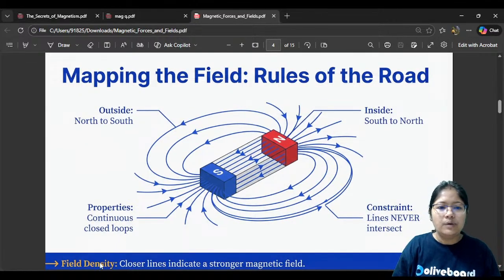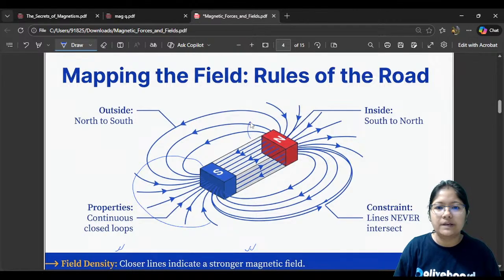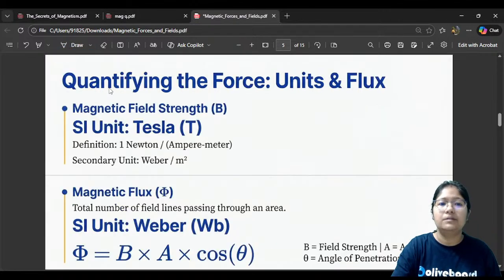Okay, so this we can term as the field density. What do you mean by field density? It means that where the lines are closer, if you observe, there will be a strong magnetic field. Here there will be a strong magnetic field, and in these regions there will be a weak magnetic field. But how to put it in a better way?